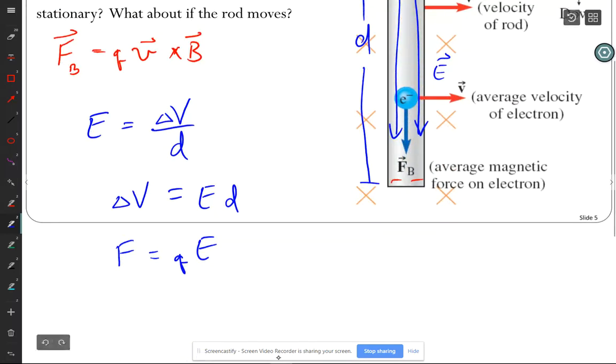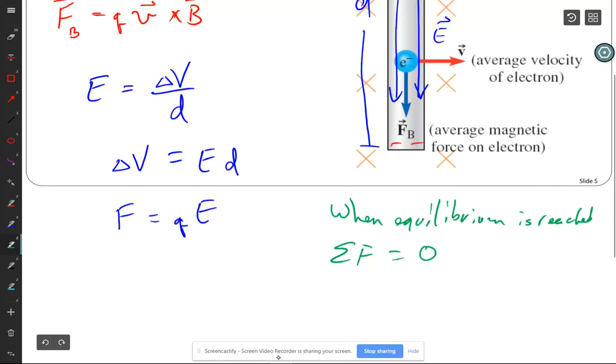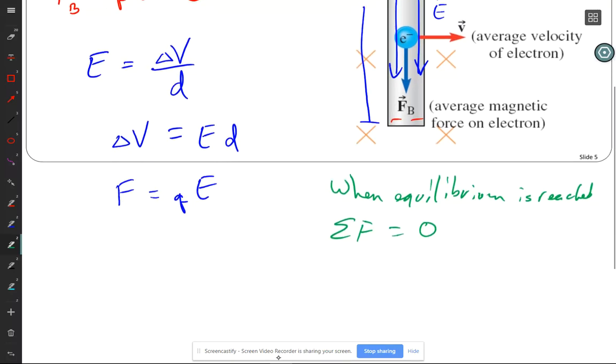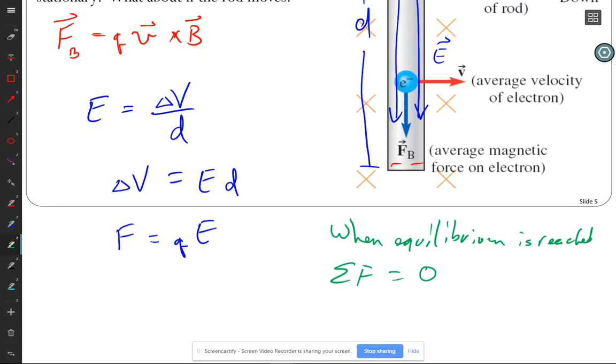So when I reach equilibrium, I'm going to have some of the forces equal to zero. Now remember, there's directionality to this. I am just going with magnitudes. I'm going to set magnitude of force B equal to the magnitude of force E.